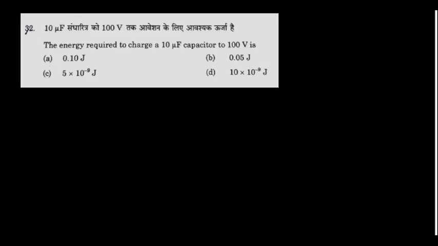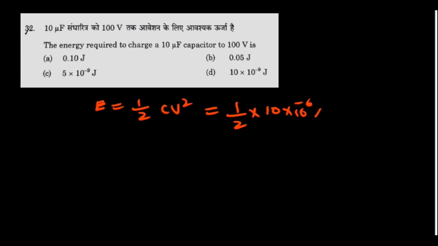The energy required to charge a 10 microfarad capacitor to 100 volt. What is the energy of a capacitor? Half CV square. Half multiplied by C, which is 10 microfarad, 10 multiplied by 10 to the power minus 6, multiplied by 100 times 100.